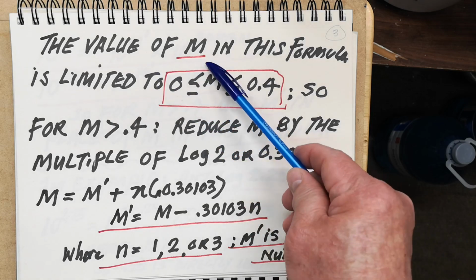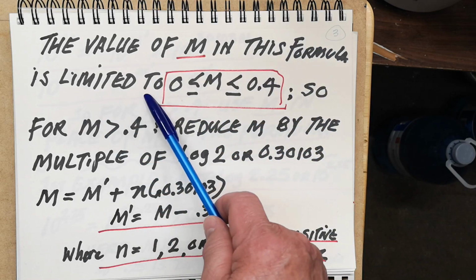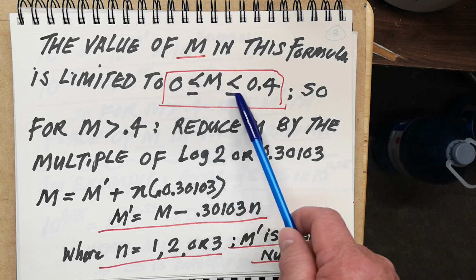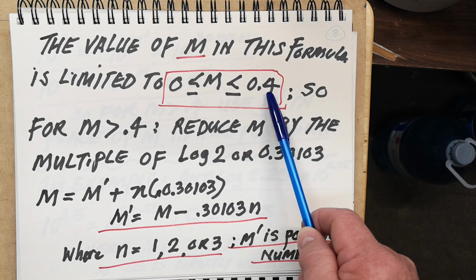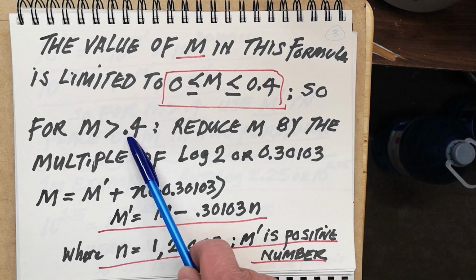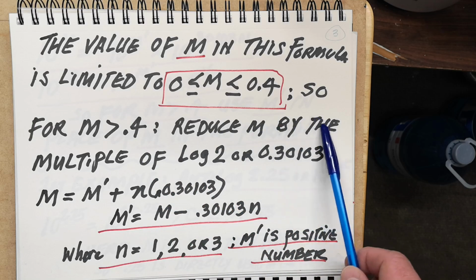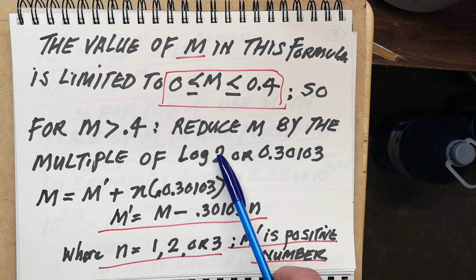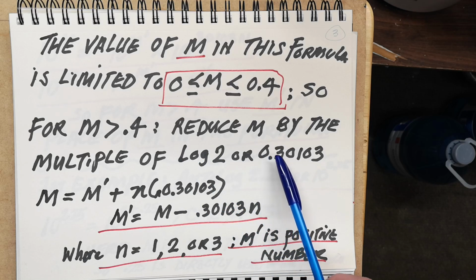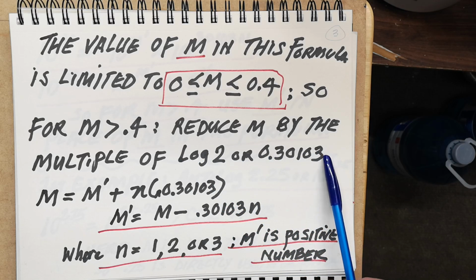The value of m in this formula is limited to between 0 and about 0.4. So for m greater than 0.4, we have to reduce the value of m by a multiple of log of 2, or 0.30103.